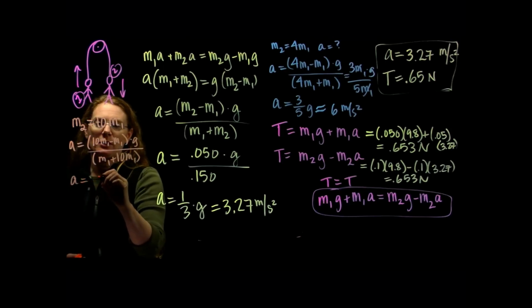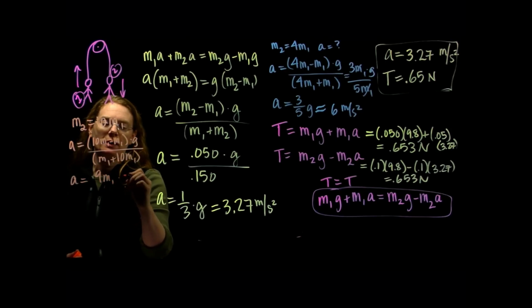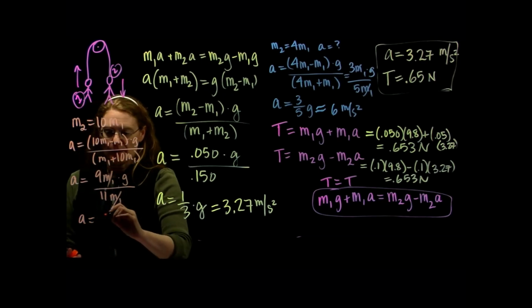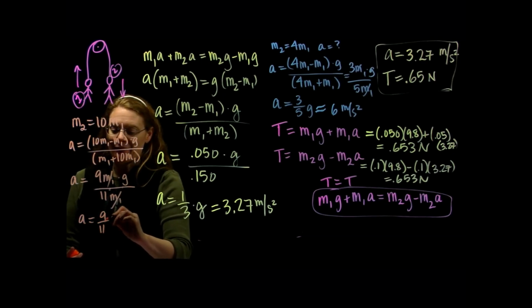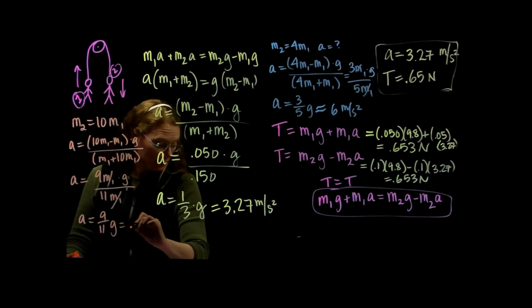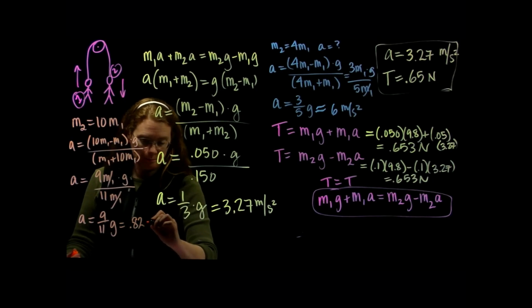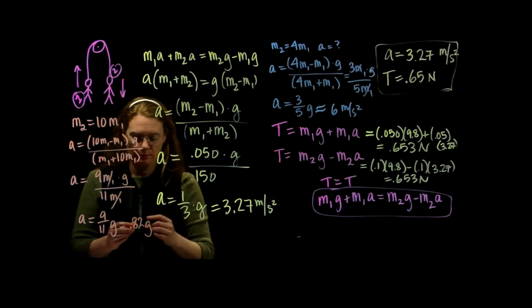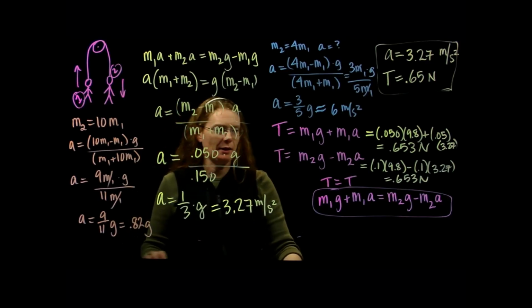So here the acceleration is 9m1 times gravity over 11m1. So for a 10 times difference, we have 9/11ths of gravity. That's getting pretty big. That's 0.82. Still not all the way up to gravity.